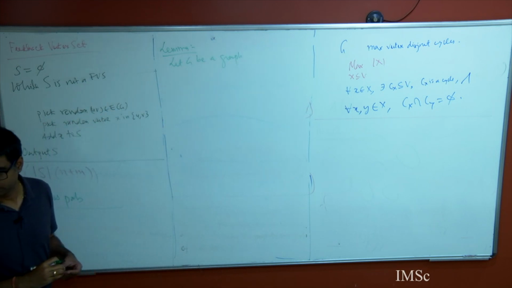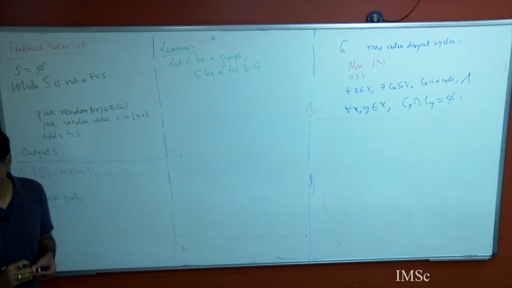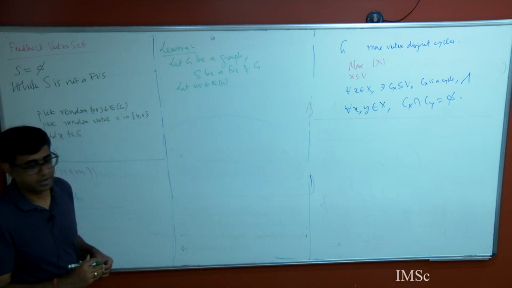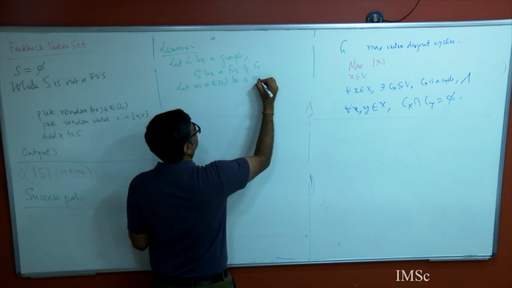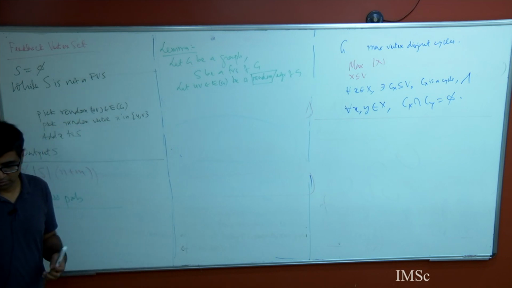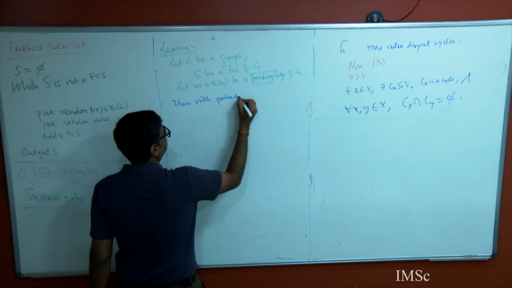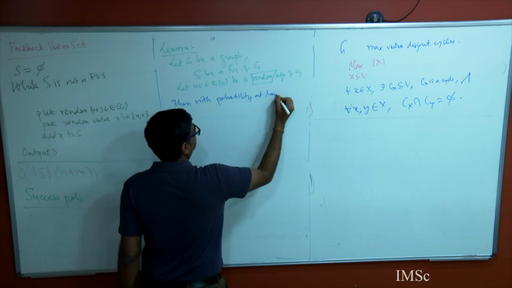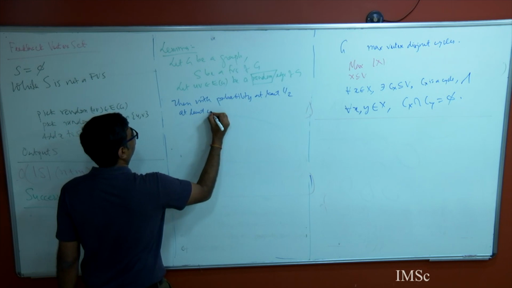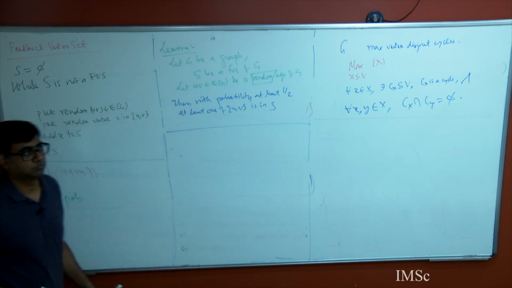Let S be an FVS of G. Let U comma V in E(G) be a random edge of G. Then with probability at least half, at least one of U comma V is in S. Suppose I have this lemma for now.